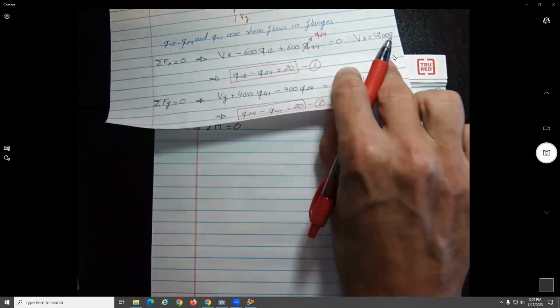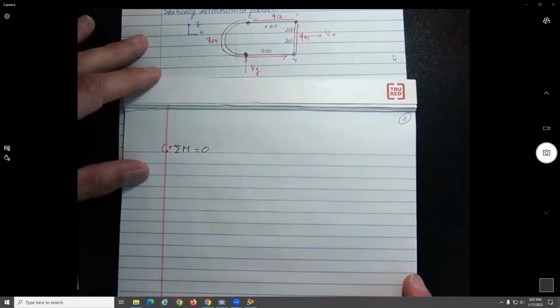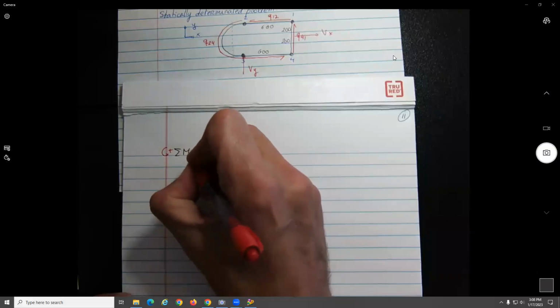So now we do summation of moments. So with summation of moments, what are the two things we need to specify? To specify what do we use as positive direction. If you don't put anything, I will always assume to be counterclockwise to be positive. And here we're going to take the moments about point 4.